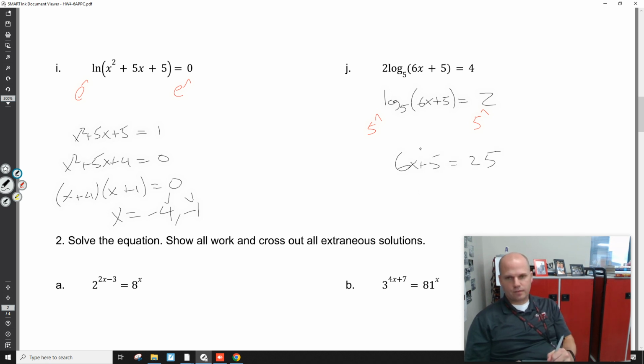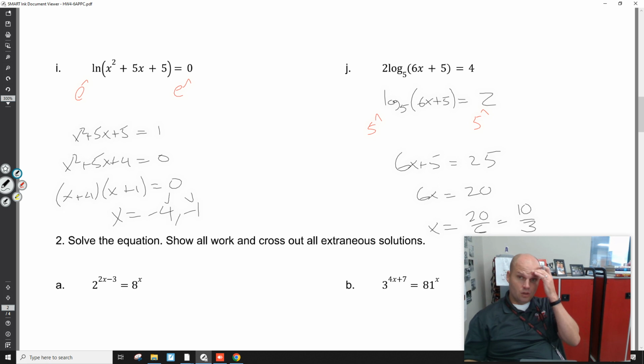Subtract the 5. Divide, get 26, which is the same as 10 thirds, which works. I like how we're taking 5 to the power and we get a number that's not 10, it's 25.